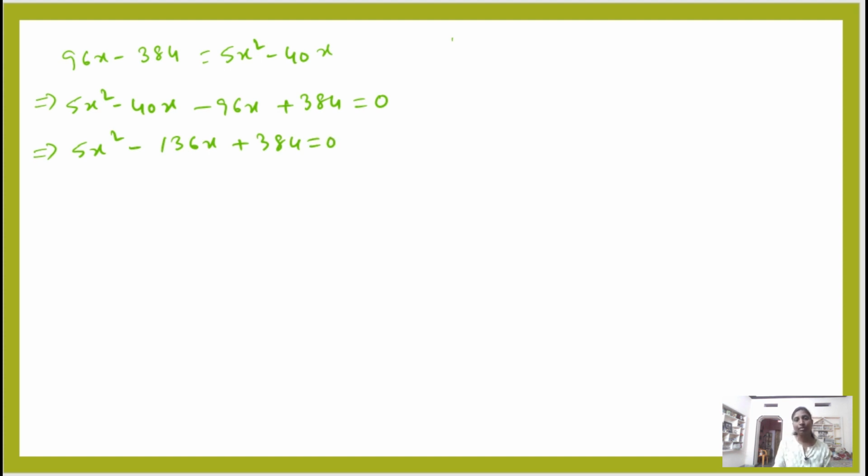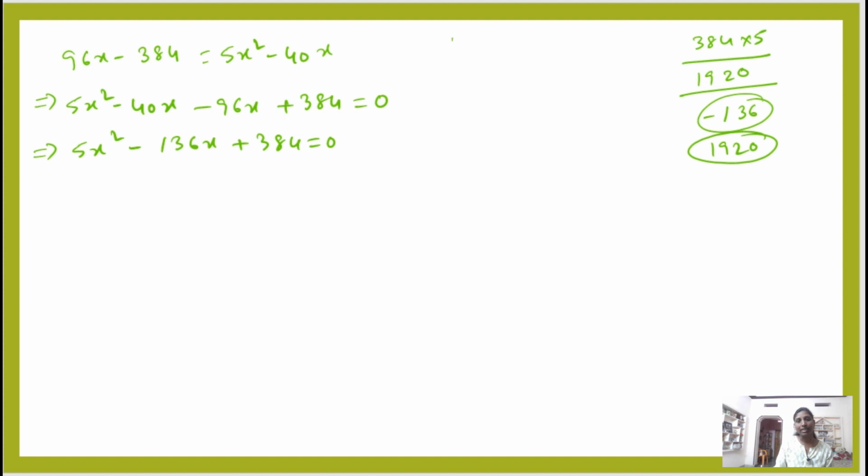Now we will solve it by middle term splitting. So 384 into 5, okay, 5 4s are 20, carry over 2, 5 8s are 40, 42, carry 4, 5 3s are 15, 19, 1920. So we want minus 136 as sum and 1920 as product.